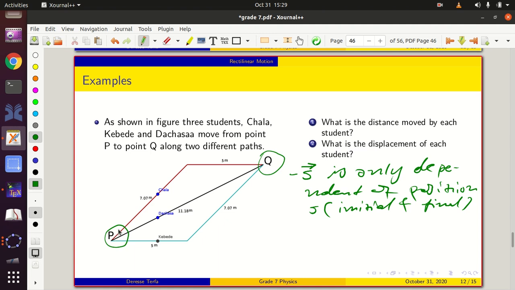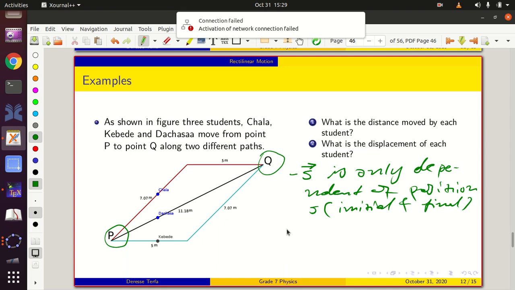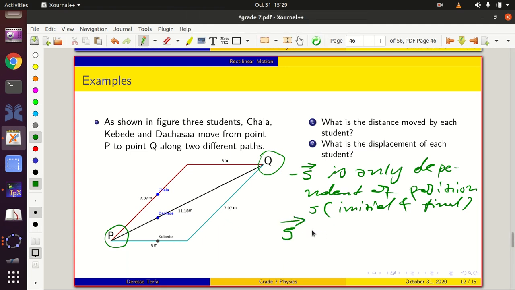Therefore, they have the same displacement. In other words, the displacement of Chala is the same as the displacement of Dachasa and Kabada. Therefore, the displacement is the shortest distance, 11.18 meter, for the three students. They are the same in displacement, whereas their distances are different, as we have seen here.